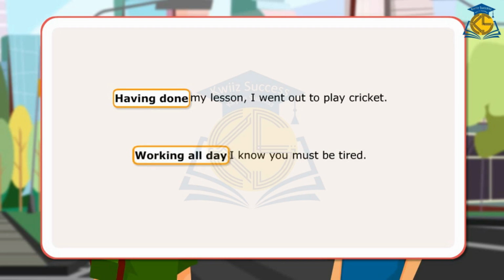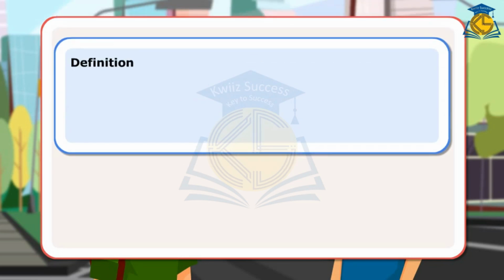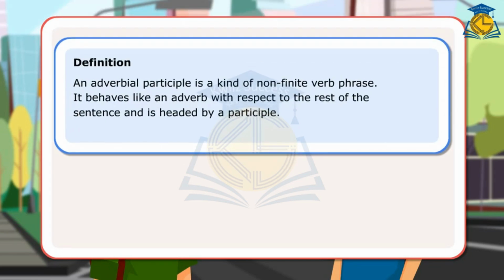In the second sentence, the participle clause gives information about the reason. Definition. An adverbial participle is a kind of non-finite verb phrase. It behaves like an adverb with respect to the rest of the sentence and is headed by a participle.